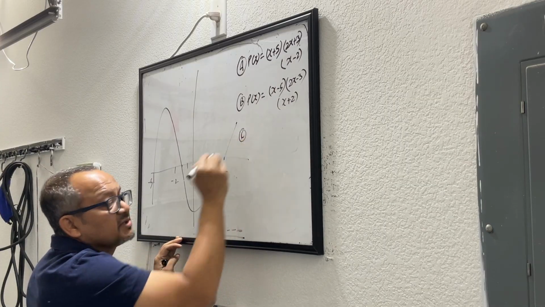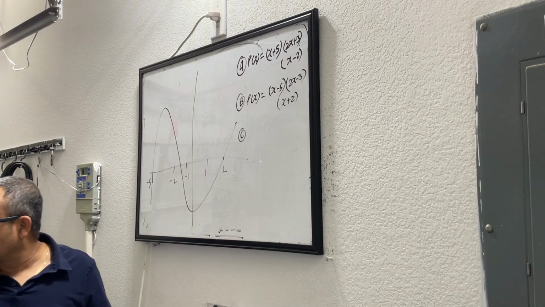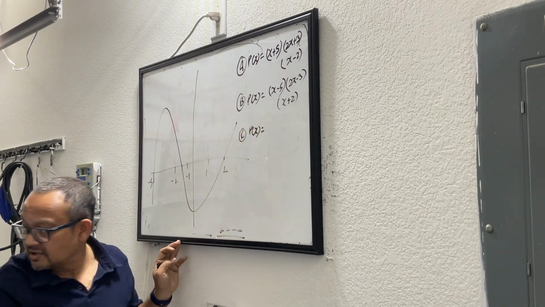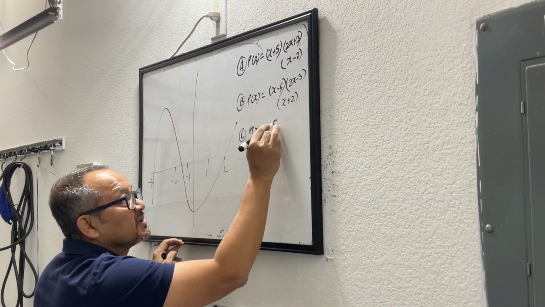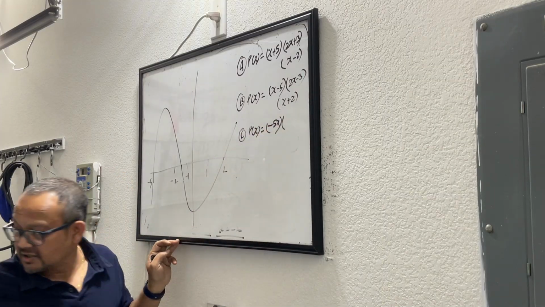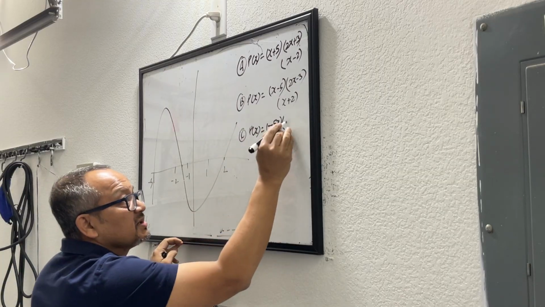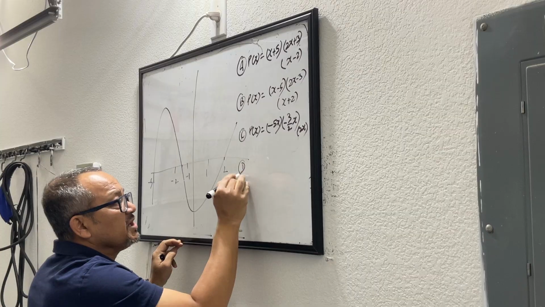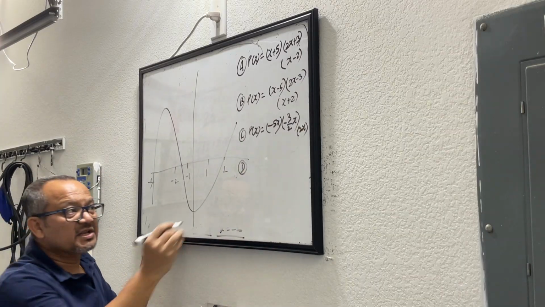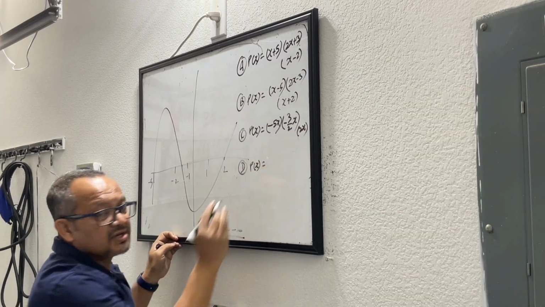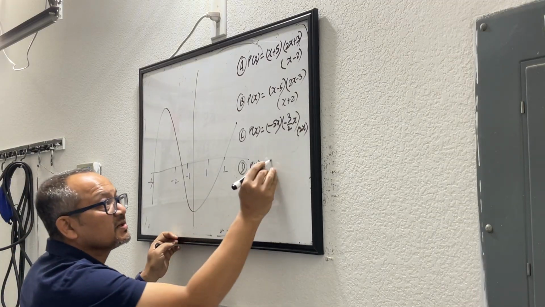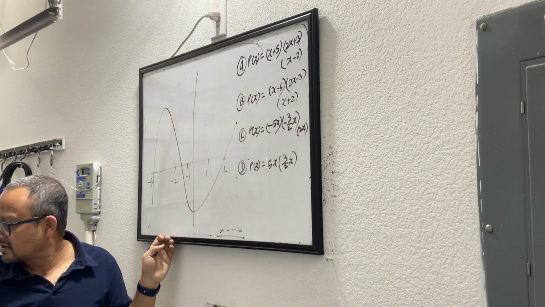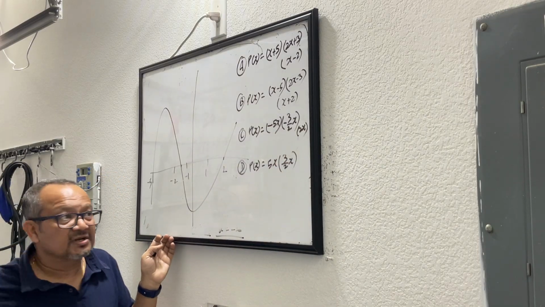Third option is P of x equals minus 5x times minus 3 by 2x times 2x. Option D is P of x equals 5x times 3 by 2x times minus 2x.